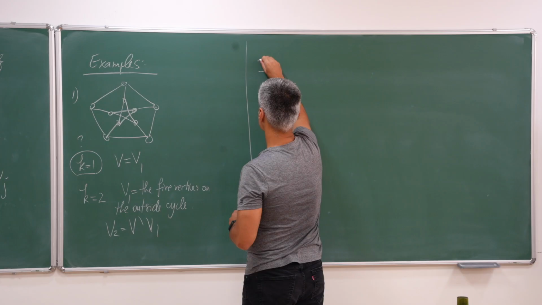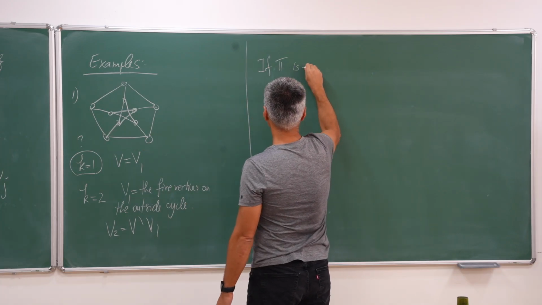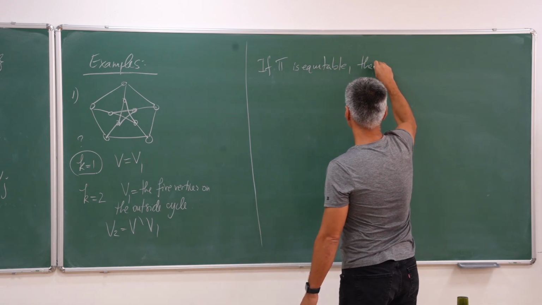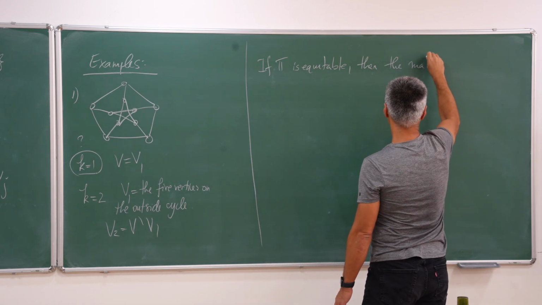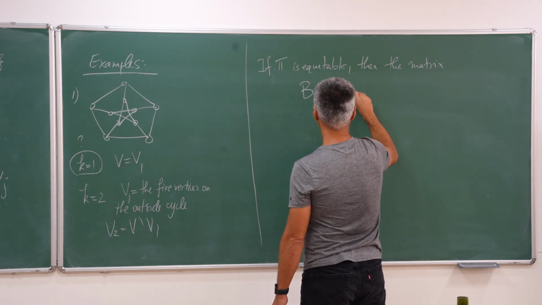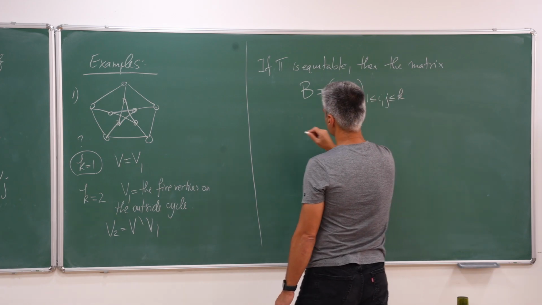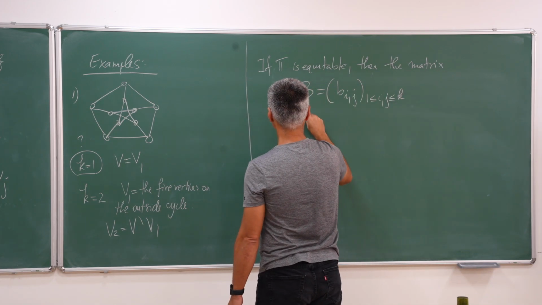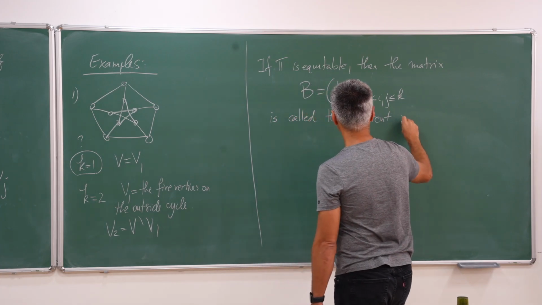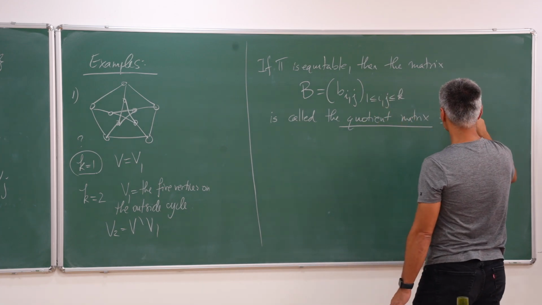So if I follow that definition, if pi is equitable, then the matrix, which I'll call B, whose entries are B_ij, is called the quotient matrix of the equitable partition pi.